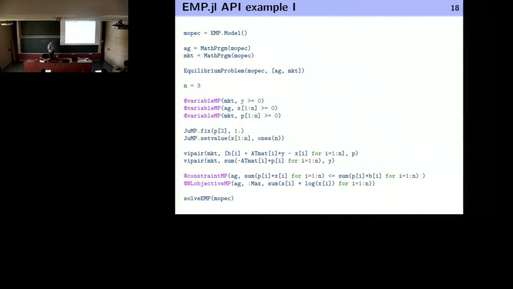To define VI pairs, we have this signature here. You have the functional part, and then the variable constraints defined in a similar way, and then you just call solve EMP. This will dump all the problems, and in that case you would end up calling GAMS and getting back the result in JuMP.